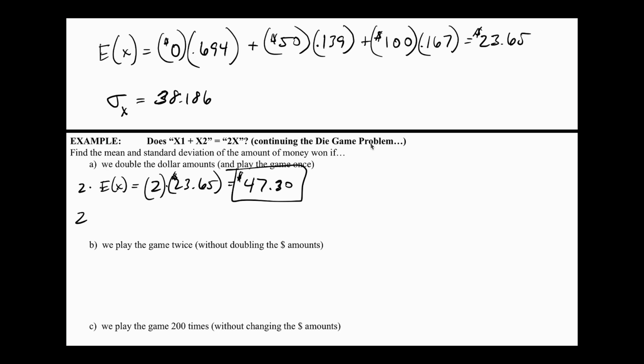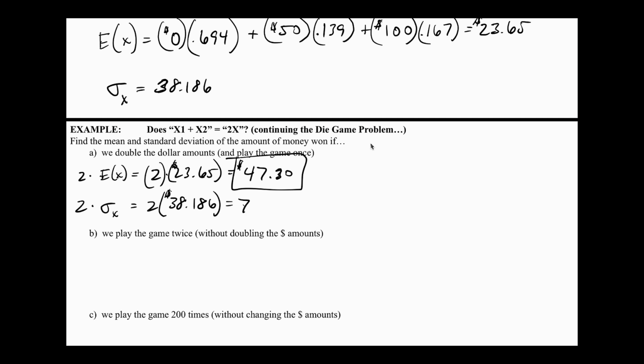So I've got to multiply 2 times the original standard deviation. So 2 times $38, so 76 something. 76.372. Since it's money, we'll round.